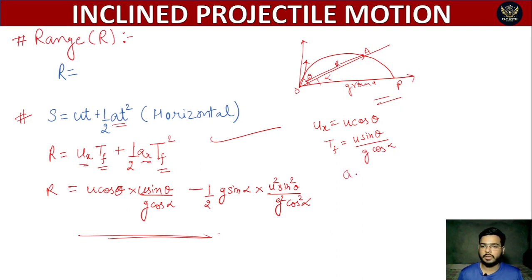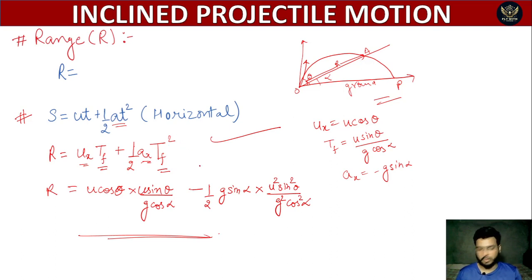What is ax here? ax is minus g sin alpha. And Tf is u sin theta divided by g cos alpha, whole squared.